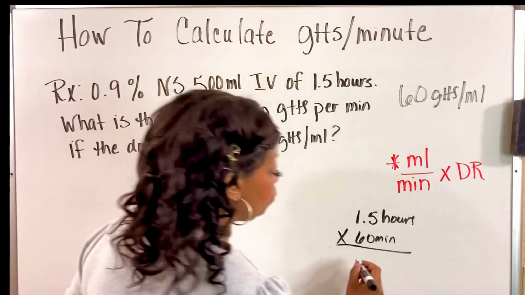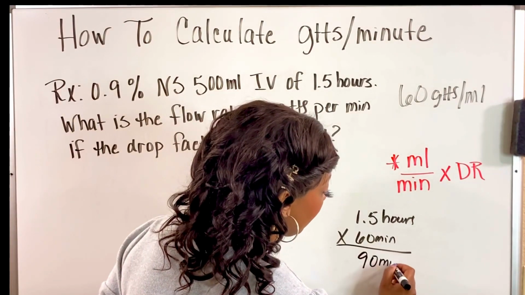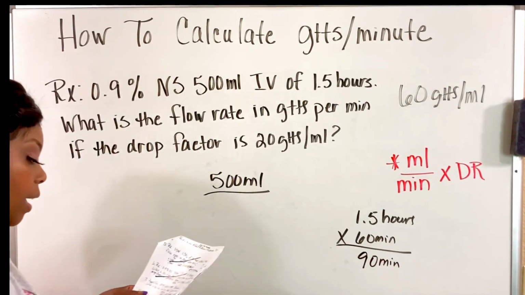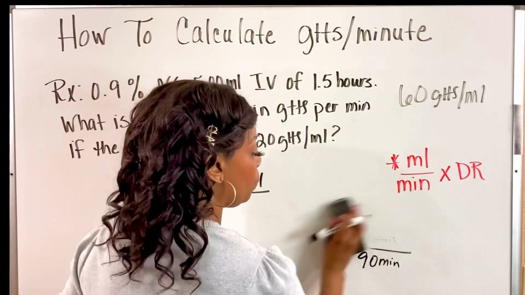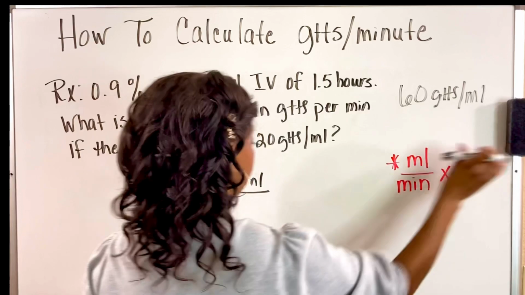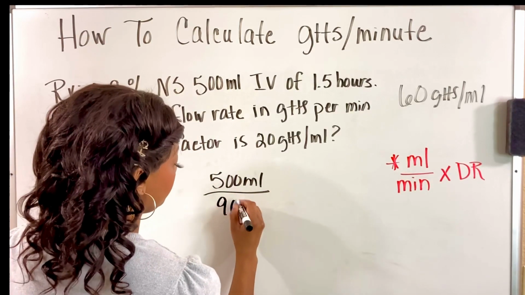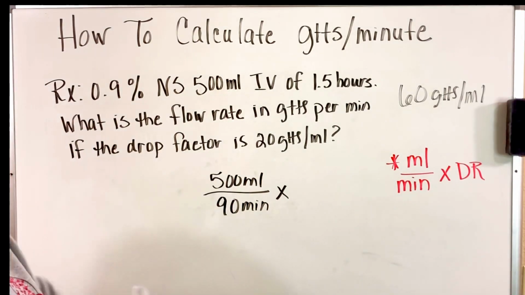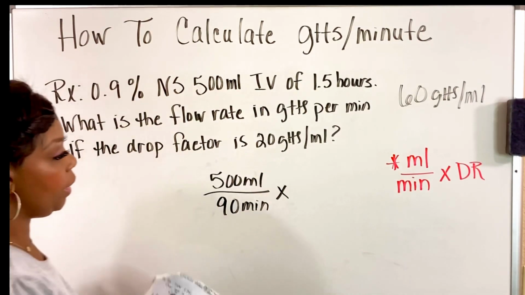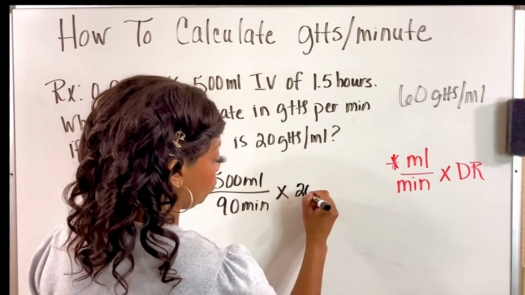That's going to give us 90 minutes, if my calculation is correct. And what are we multiplying this by? Because we have a drop factor here, it is 20 drops per mil. Good, 20 drops per mil.